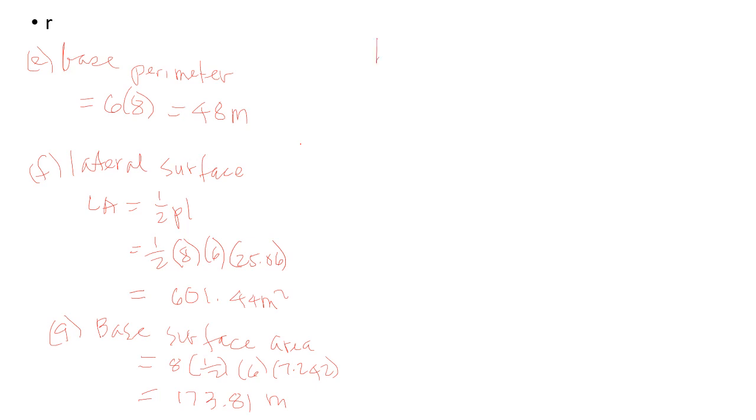So H is the total surface area, or T A, equivalent to 173.81 plus 601.44, equivalent to 775.25 meters squared.